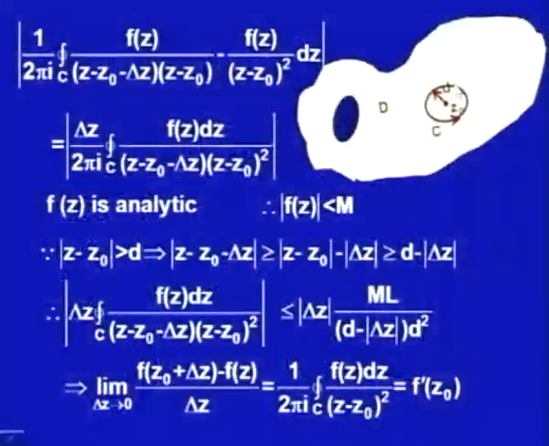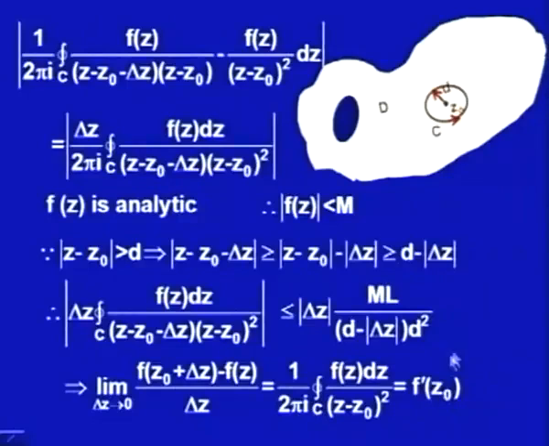What we are getting is actually z naught, the point I have taken, is any arbitrary point in the interior of C. What it says is, if f(z) is analytic in this whole region, then for any z which is interior to this C, because z naught was arbitrary, I have not chosen any particular z naught, for every interior point in this region the formula would be given by the same kind of thing.